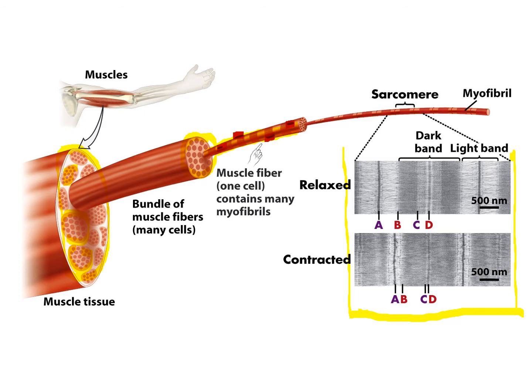And what you see here is a dark band, and on either side a light band. In the middle of the light band you have this dark stripe, and that dark stripe is the Z line or Z disc. This is the I band and an I band, and this is, I believe, the H band or H zone.